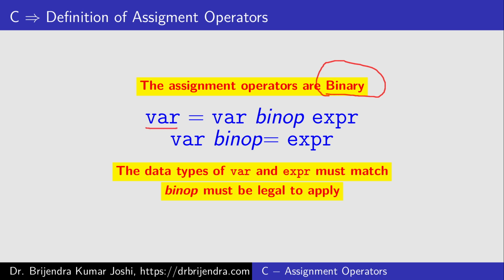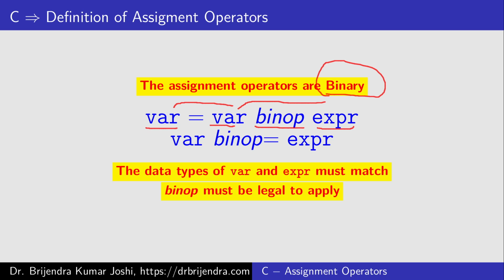A variable, it means placeholder. This is also a variable, so these two variables must be of same type and their names must also be same. This can be any binary operator which can be applied, and this can be any expression which evaluates to the same type of value as this variable.